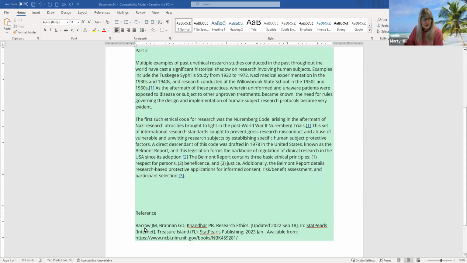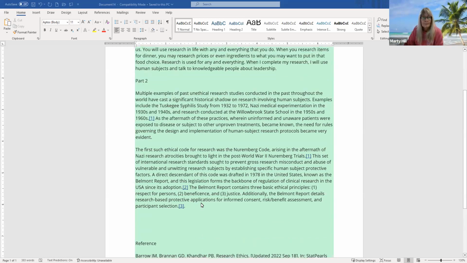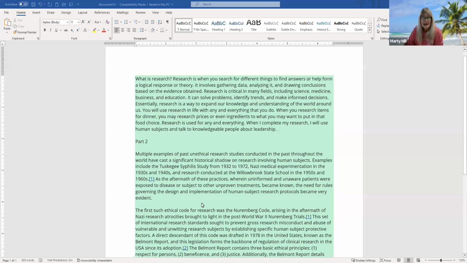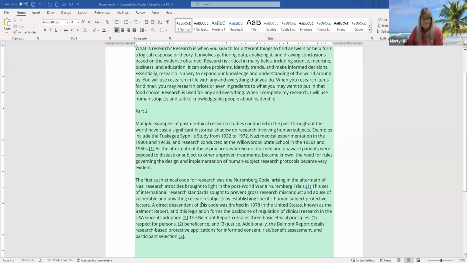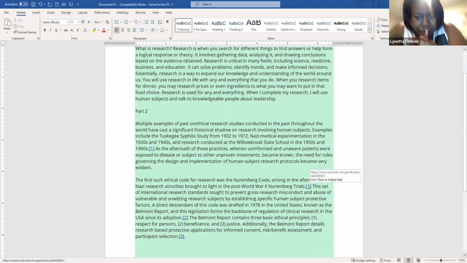Okay, so you have referenced Barrow, Brannon, Kandar, but I'm not seeing a citation that corresponds with that reference. Oh, is that what that one is? Mm-hmm.